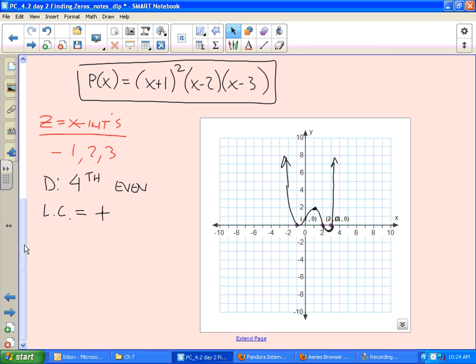That thing right there is called a local maximum. And then hanging out down here would be called the local minimum.